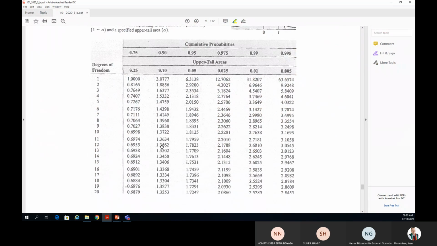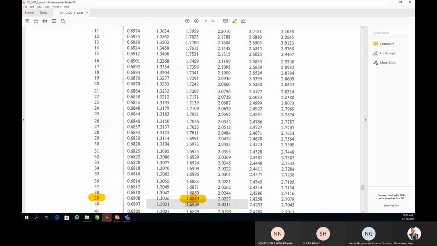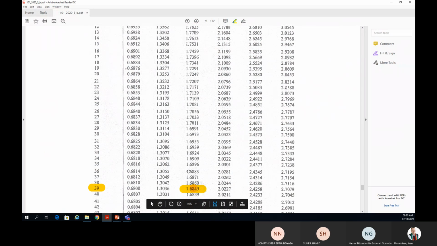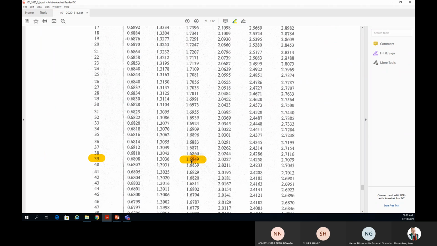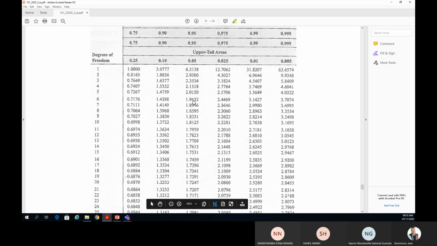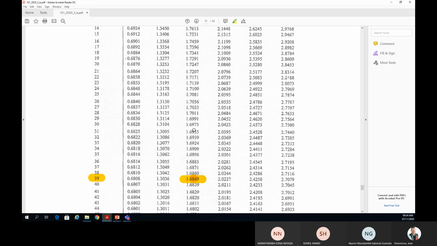Okay, so there's a mistake in the study guide.